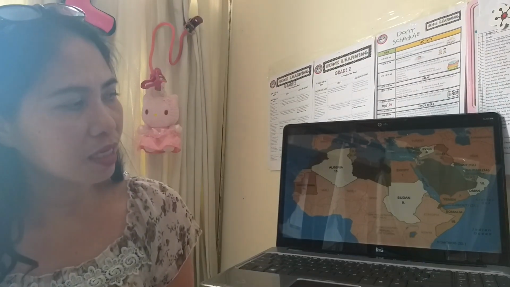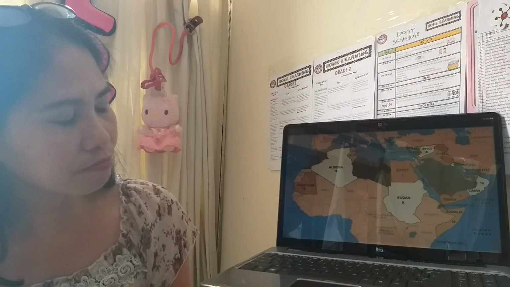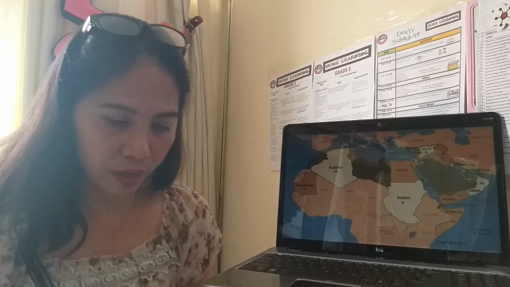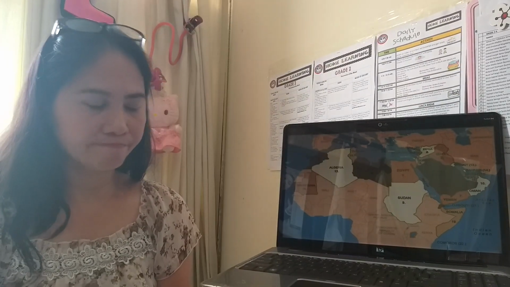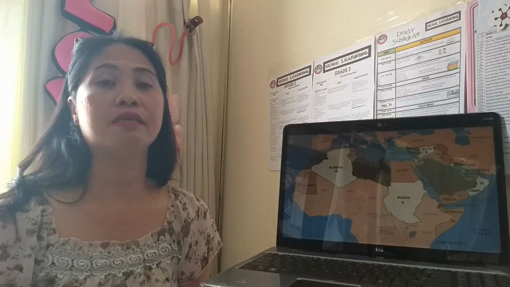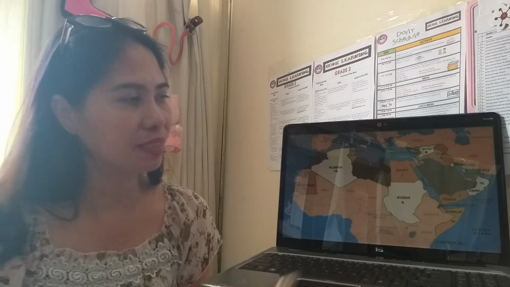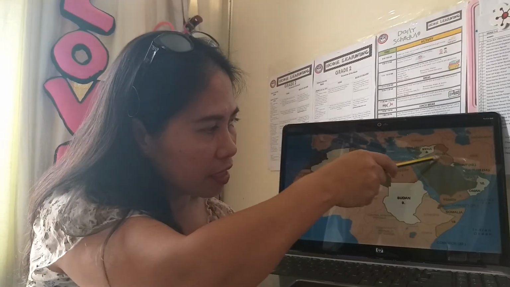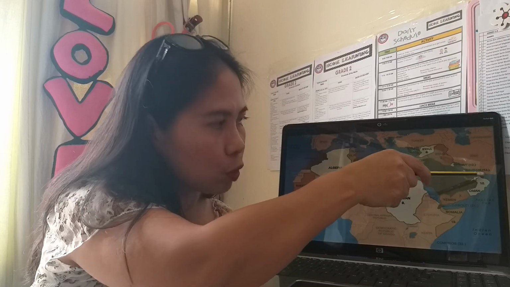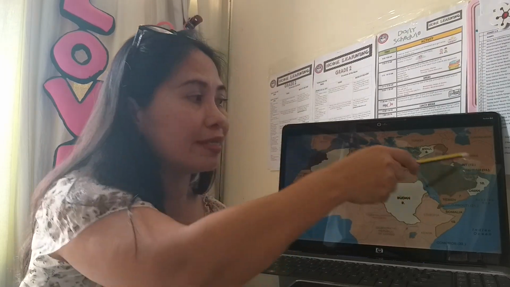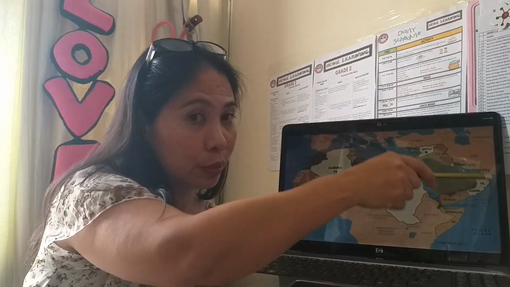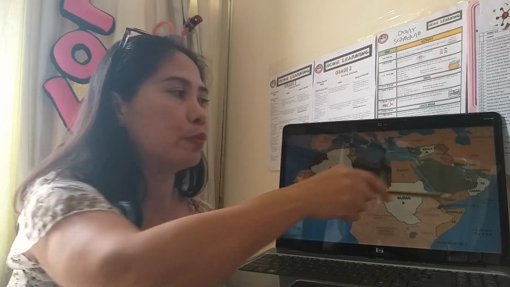Where is the Arabian Peninsula in the map? Yes, very good. Here it is. The Arabian Peninsula is situated inside the Arab world.